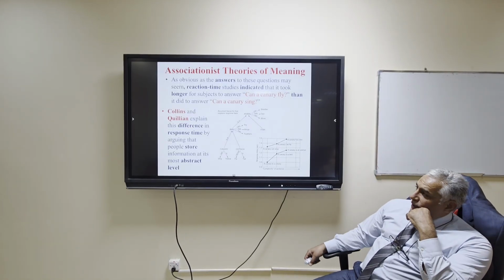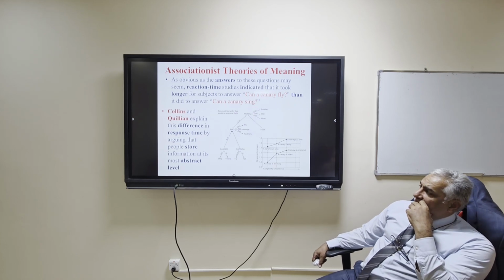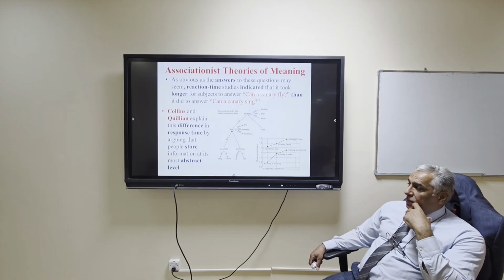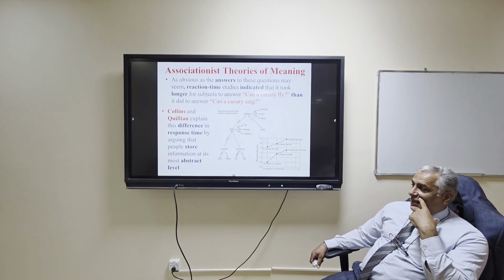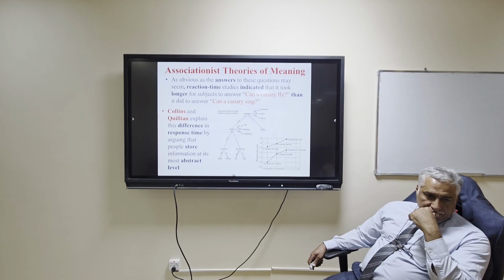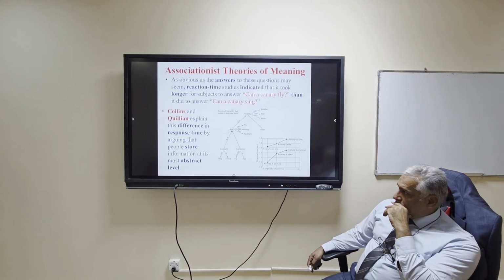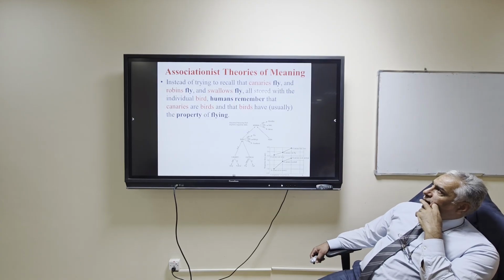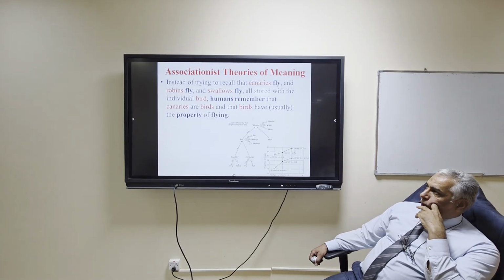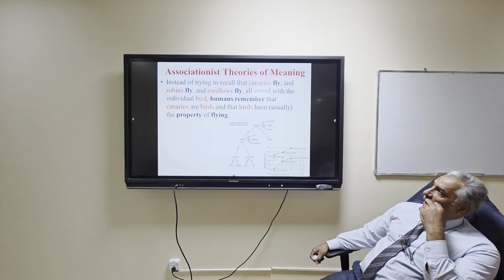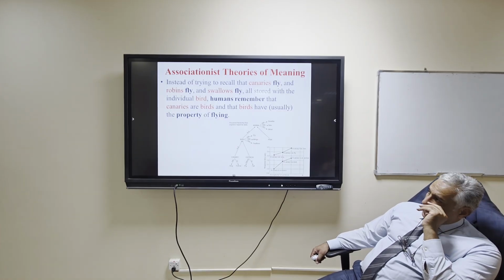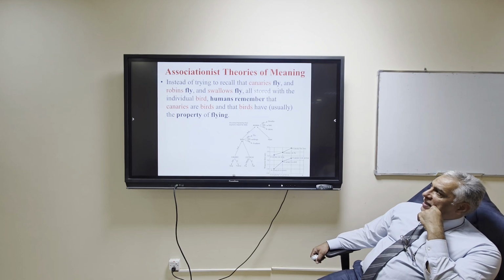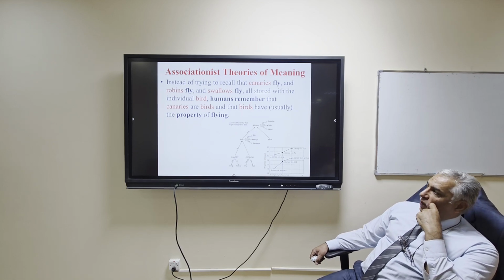Collins and Quillian explained this difference in response times by arguing that people store information at its most abstract level. Instead of recalling that the canary flies, and the robin flies, and the swallow flies, all stored with the individual birds, humans remember that canaries are birds, and that birds usually have the property of flying.